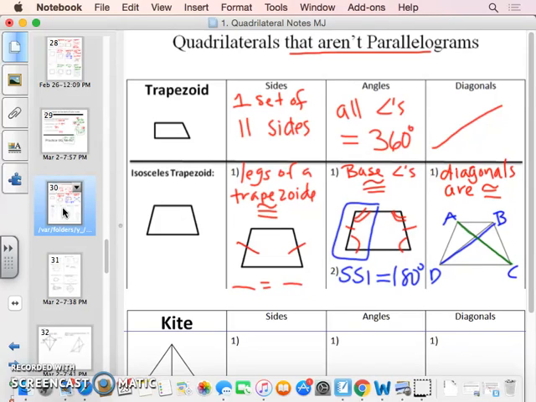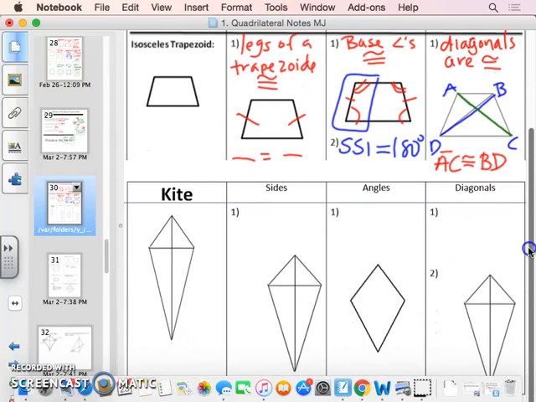So your diagonals are congruent. So AC, line segment AC, is congruent to BD. Okay? Those are the characteristics of a trapezoid. You're going to practice that today, but you need to know it for the quiz tomorrow.